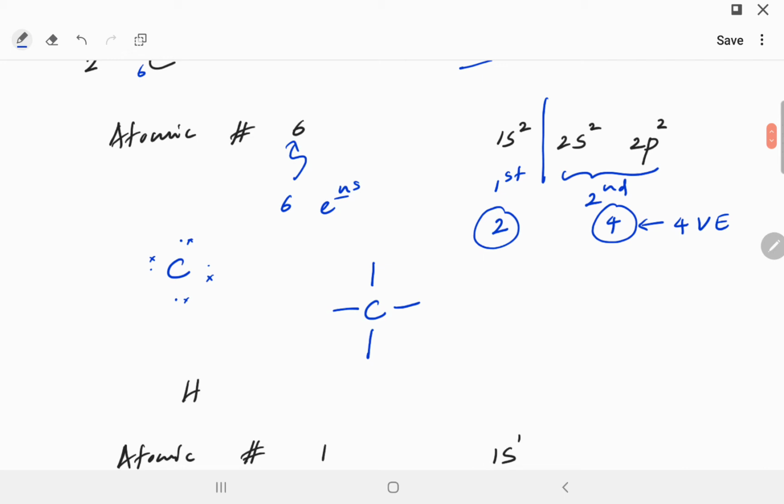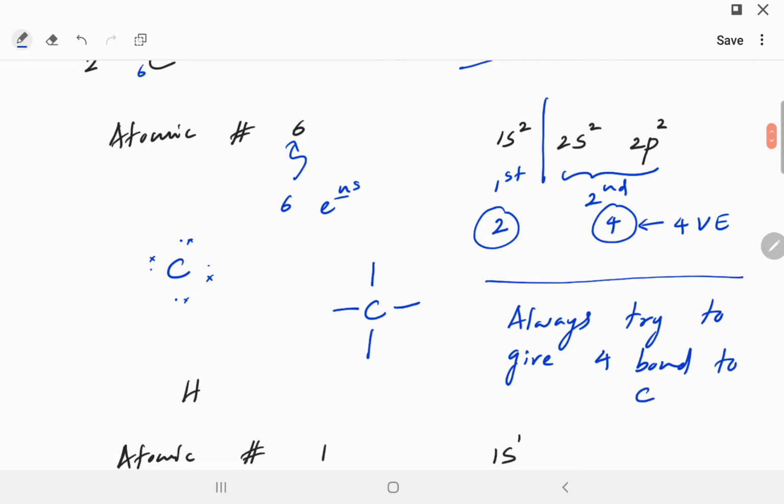So when we talk about the chemistry of carbon and the structure of carbon compounds, you will always try to put 4 bonds on carbon. That is an important thing to remember.